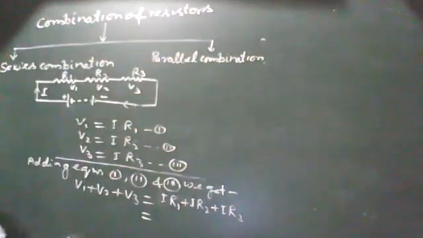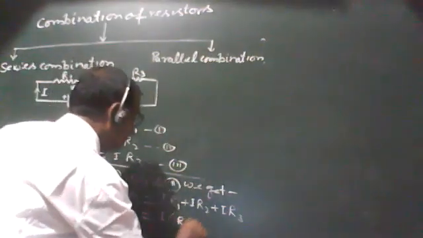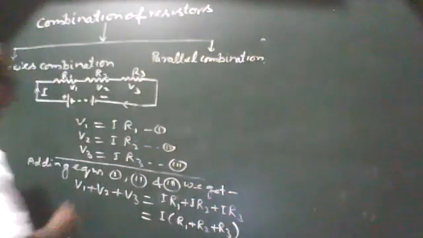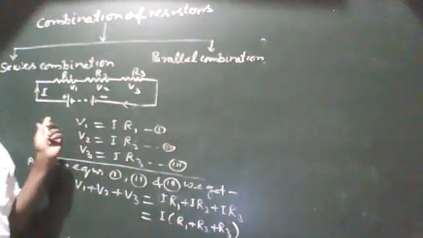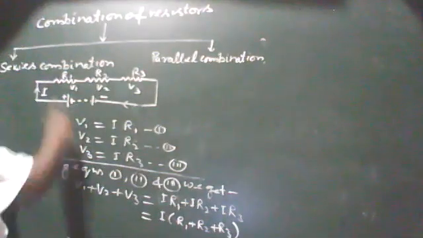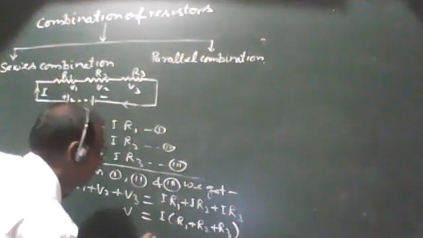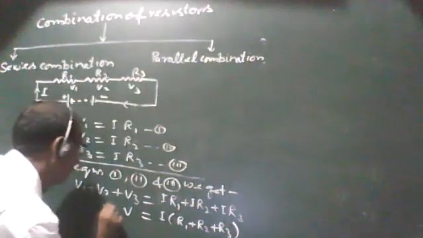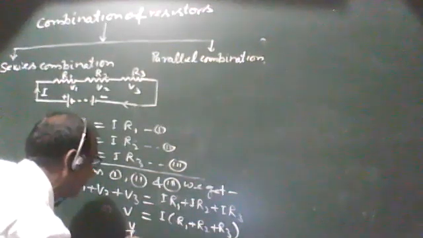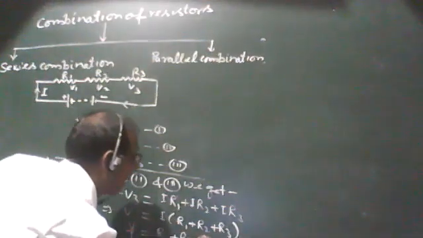I is common, so I into (R1 plus R2 plus R3). And the sum of V1, V2 and V3 is the applied voltage, that is V. V upon I is equal to R1 plus R2 plus R3.